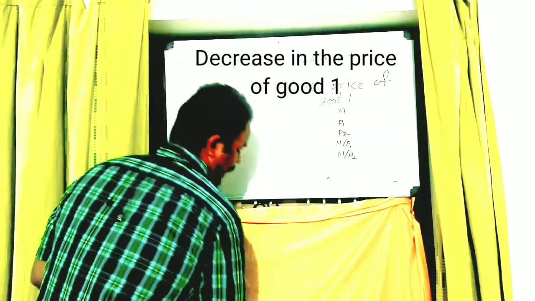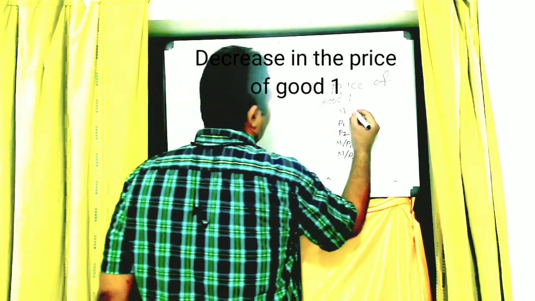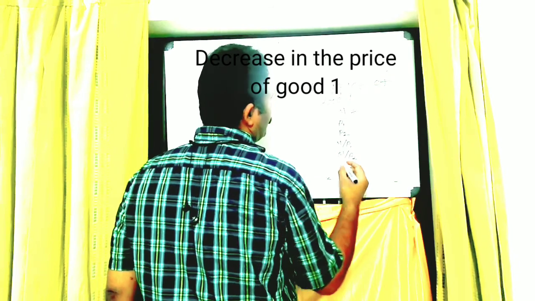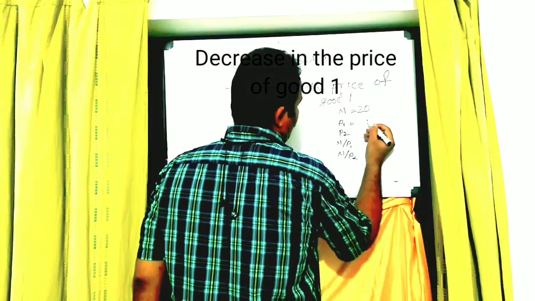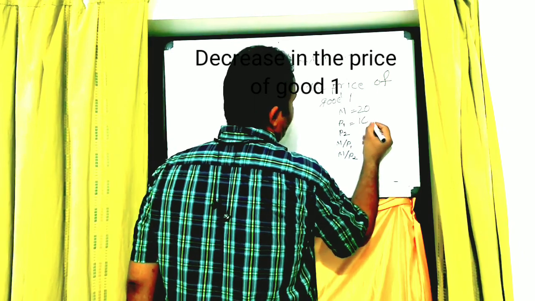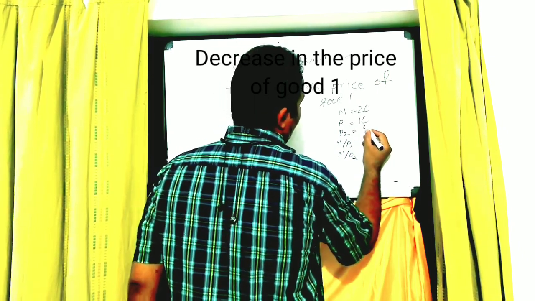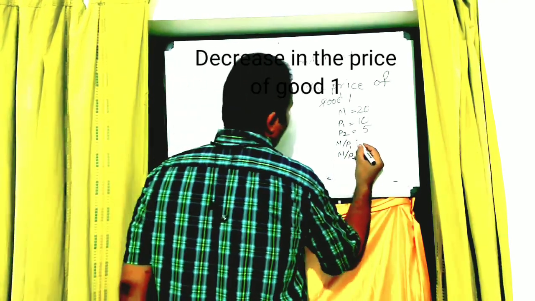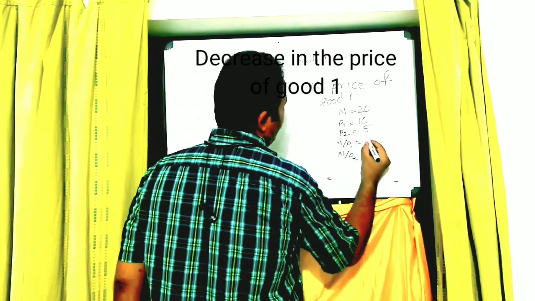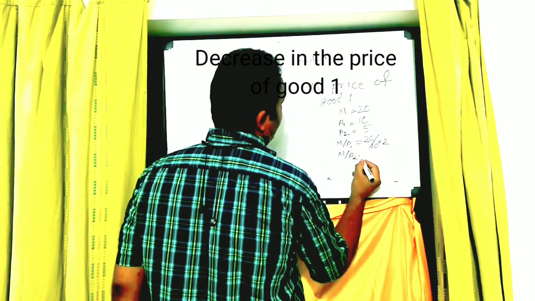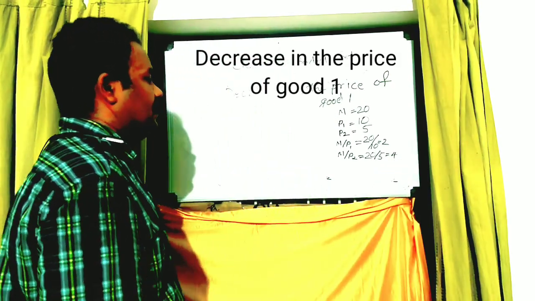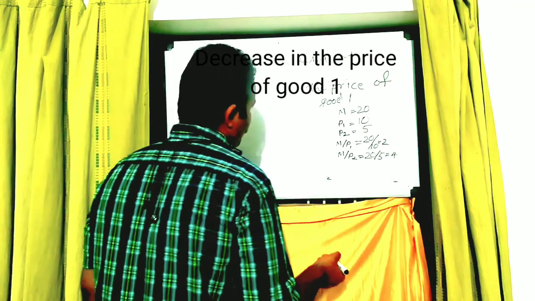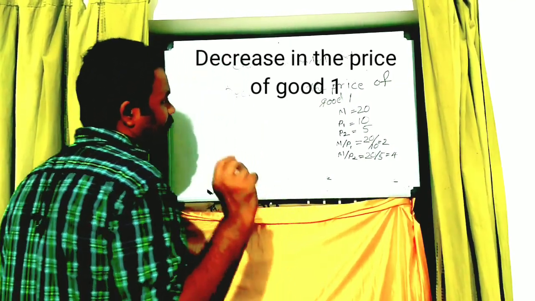Here M, the income of the consumer, is equal to 20. Suppose P1 is 10, P2 is 5. M by P1 is 20 by 10, that is 2 here. M by P2 is 20 by 5, that is 4 here. Okay, then we want to represent here a decrease in the price of good one.